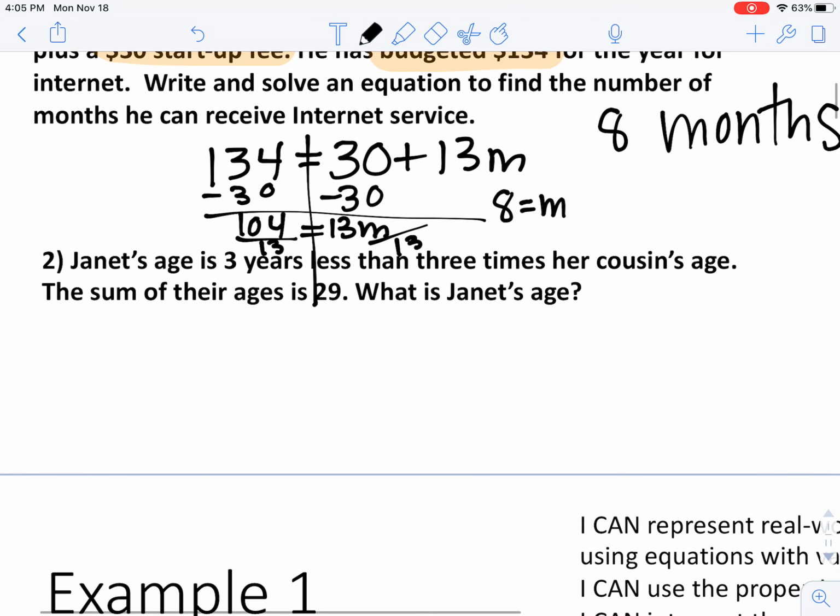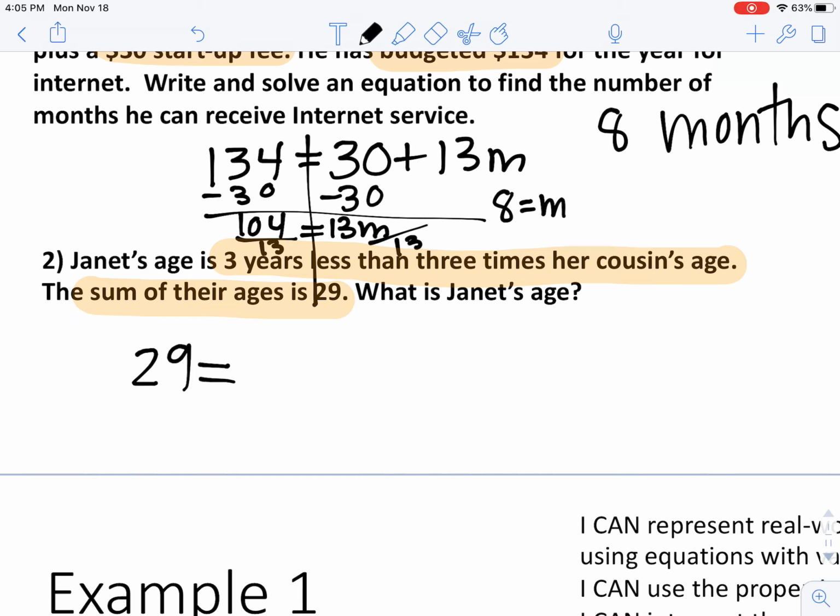All right, number 2. Janet's age is 3 years less than 3 times her cousin's age. The sum of their ages is 29. What is Janet's age? So again, we know the sum of their ages is 29. We know Janet's age is 3 years less than 3 times her cousin's age. So we're going to set our equation equal to 29.